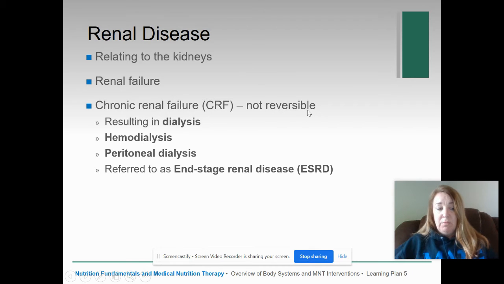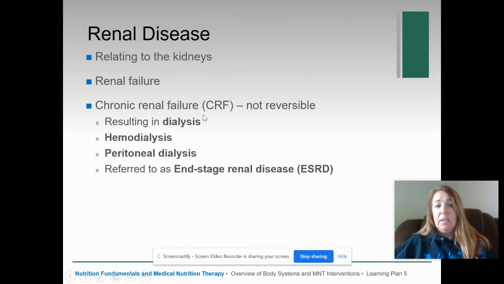CRF is not reversible, and we'll contrast that to ARF, which is acute renal failure. Acute renal failure is reversible, and it's often caused by shock, burn, infection, injuries, medications. So someone may temporarily be put on dialysis with ARF, and then they'll regain function of their kidneys.